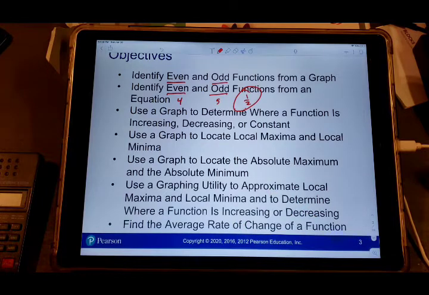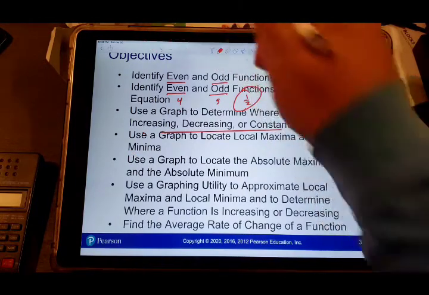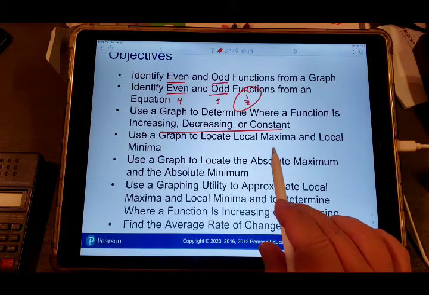Going to talk about graphs and what it means for a graph to be increasing, decreasing, or constant. So this whole thing about maxima and minima, Latin for maximum and minimum values in a function. By the way, we're not really good at this until calculus.